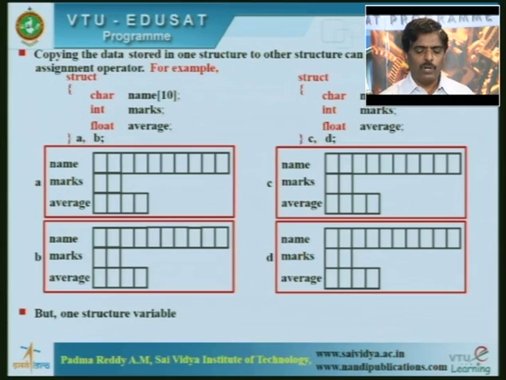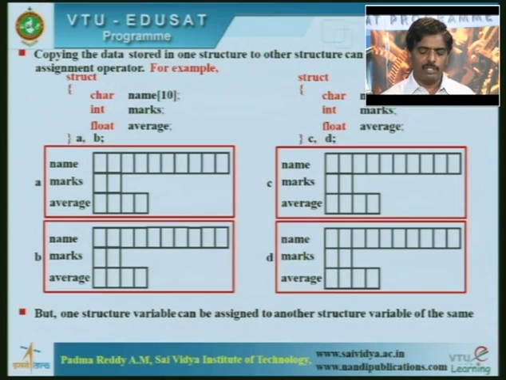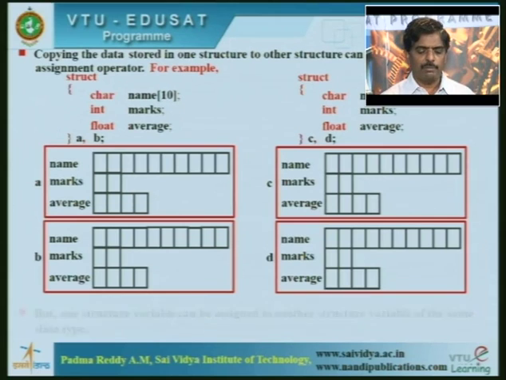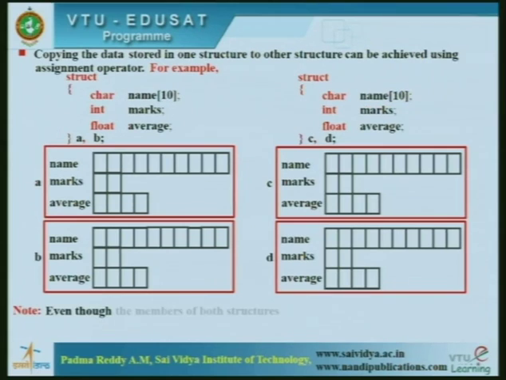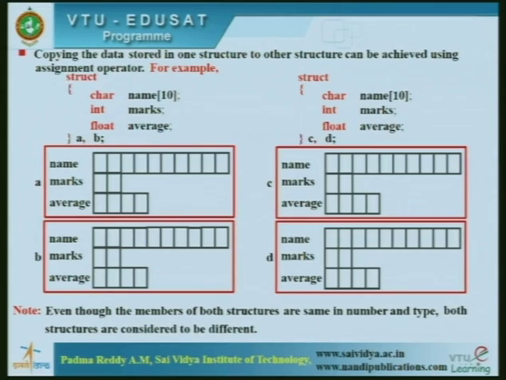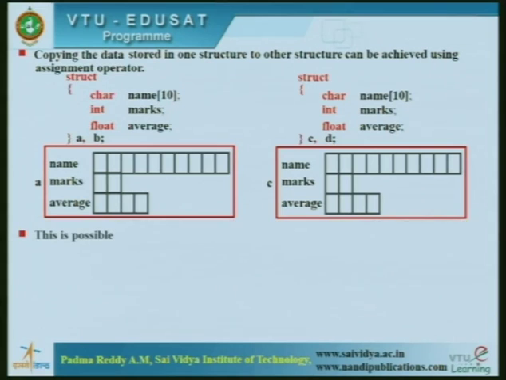So, one structure variable can be assigned to another structure variable of the same data type. Even though the members of both structures are the same in number and type, remember both structures are considered to be different. Now look here.